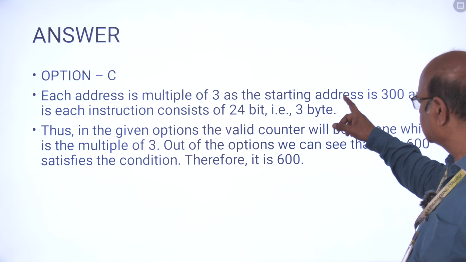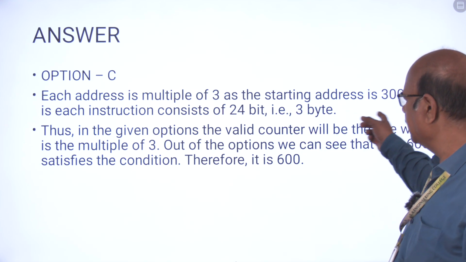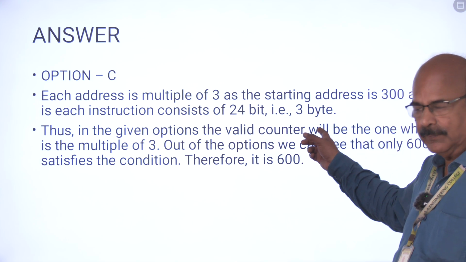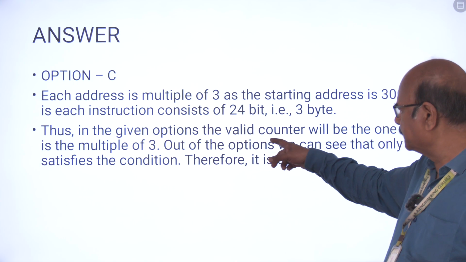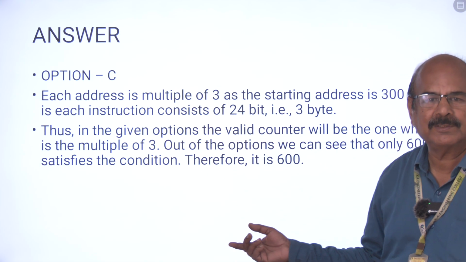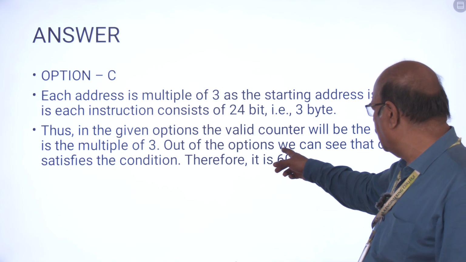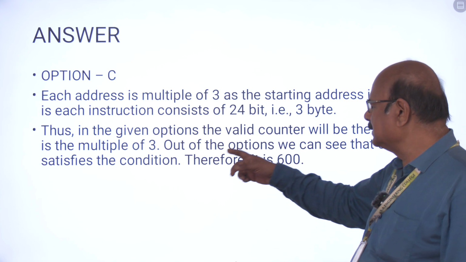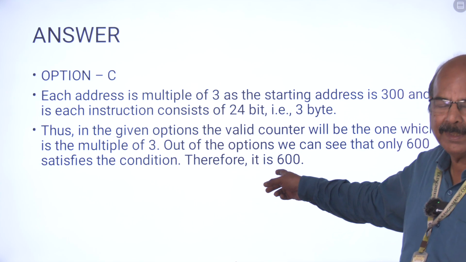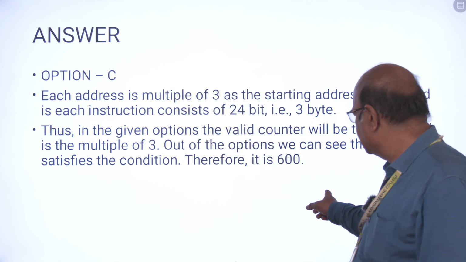As the starting address is 300 and each instruction consists of 24 bits, that is 3 bytes, the valid program counter in the given options will always be a multiple of 3. Out of the options we can see that only 600 satisfies the condition. Therefore option C is the answer here.